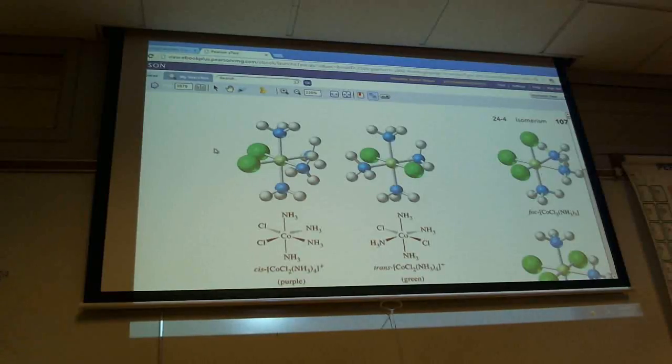That would be the fac. Sorry. The mer is an atom along the meridian or the edge of the polygon. And so this would be the mer isomer. This would be the fac isomer. So it just depends on what you do with the third atom. Put it here or put it there. Mer just means along the meridian.